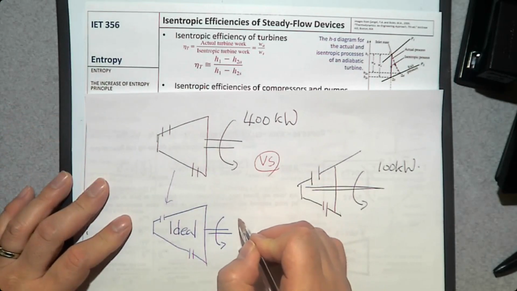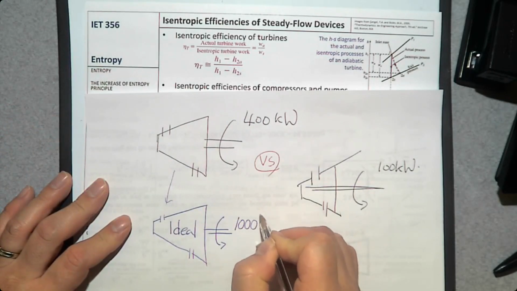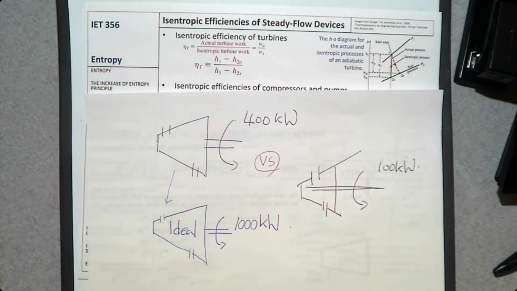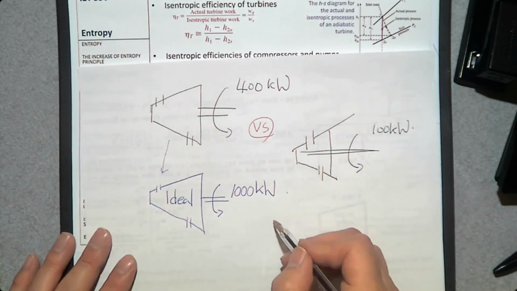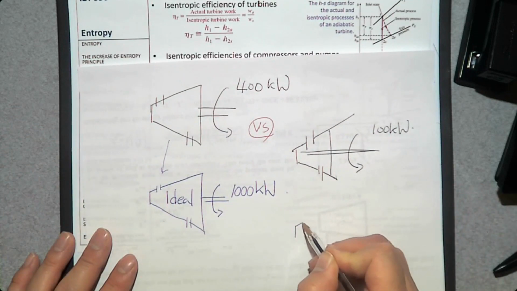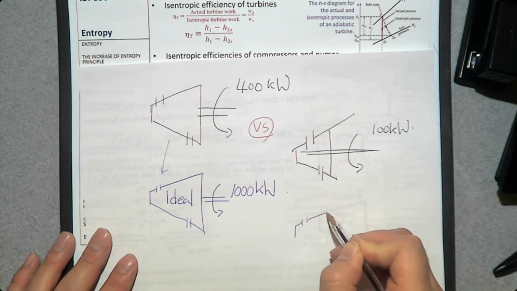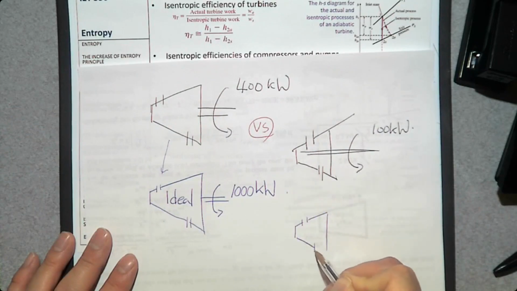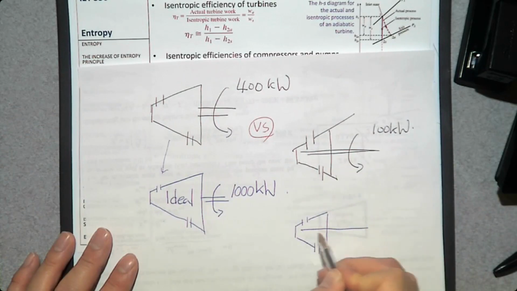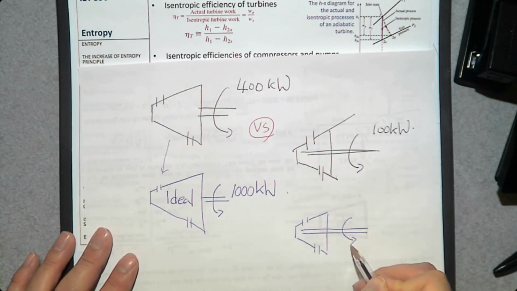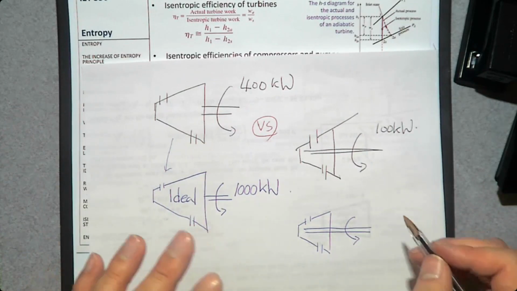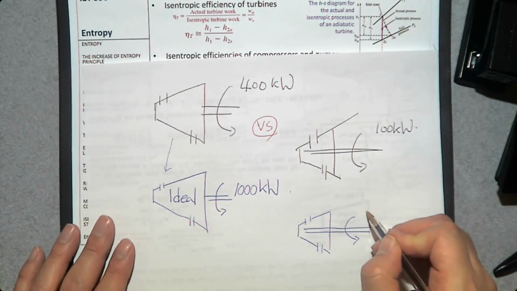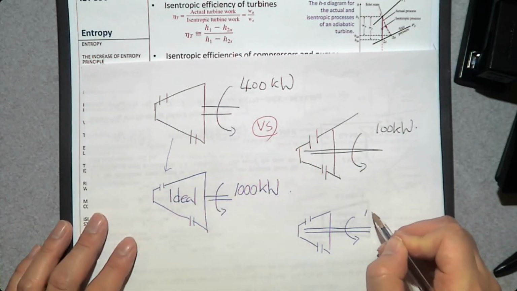It produces 1,000 kilowatts. And again, for the small one, I make a small-size turbine with the same inlet and exit conditions. Since I'm the god of engineering, the ideal turbine is the best, and the same size gives 105 kilowatts.